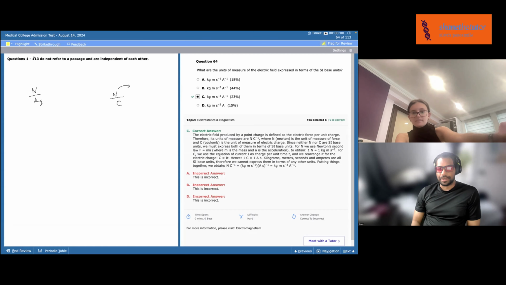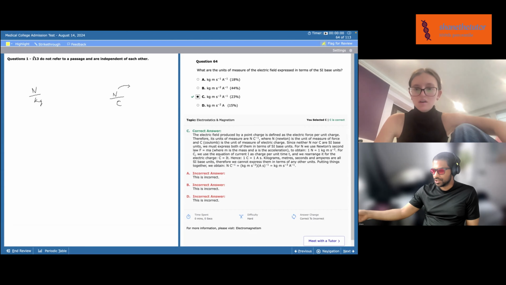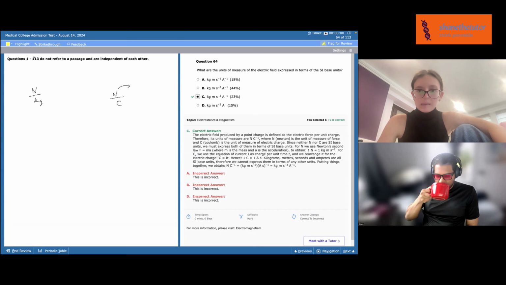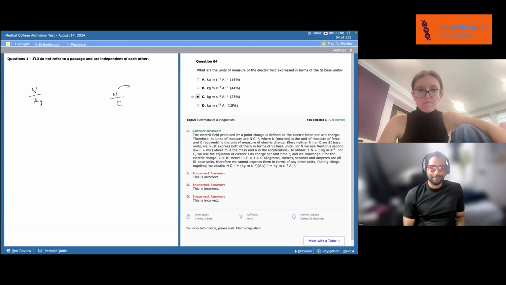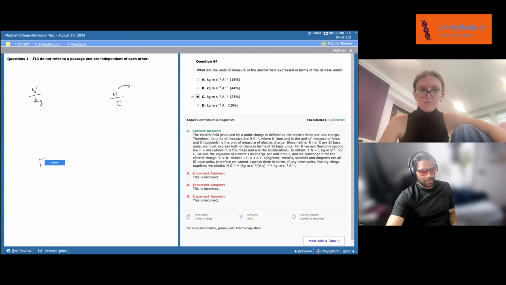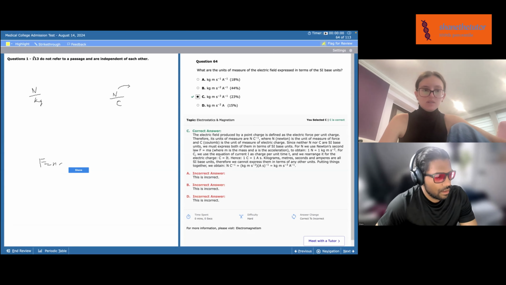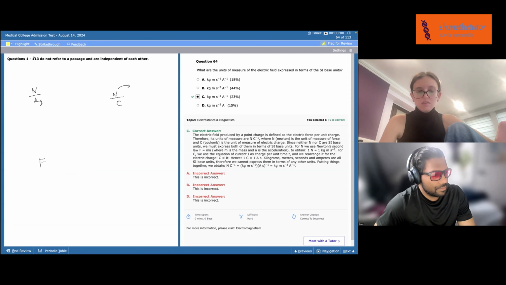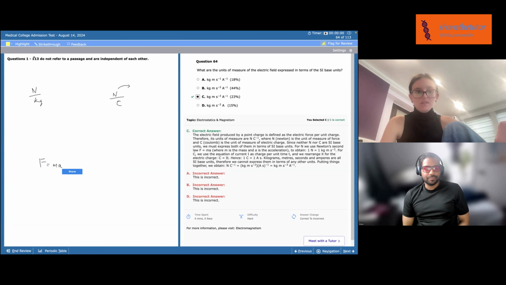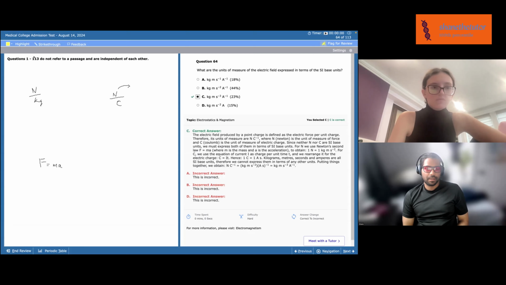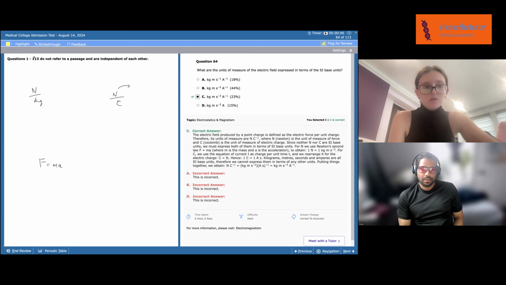So what could a newton be if you deconstructed that? Think back to F equals ma. Mass times acceleration. Well, think about the units.